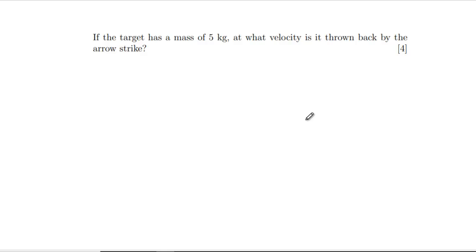If the target has a mass of 5 kilograms, at what velocity is it thrown back by the arrow strike? Okay, right, so we've got conservation of momentum. We've started off with the 20 grams at 50 meters per second, and that has got to be equal to 5.02, the mass of the arrow plus the target, multiplied by some velocity.